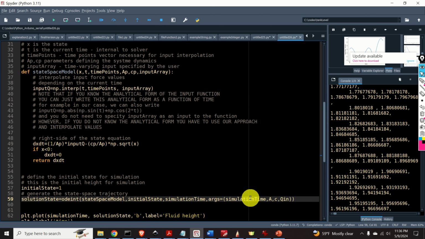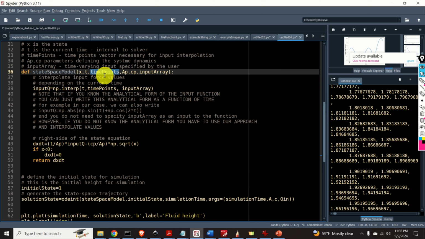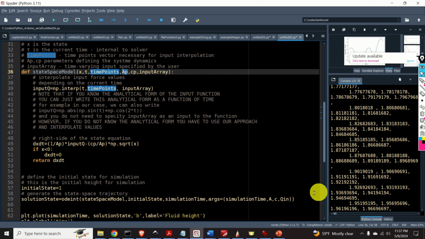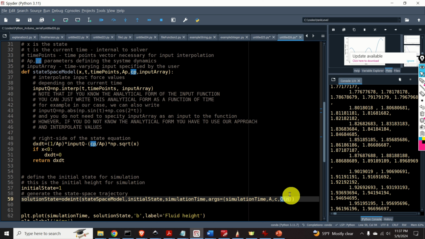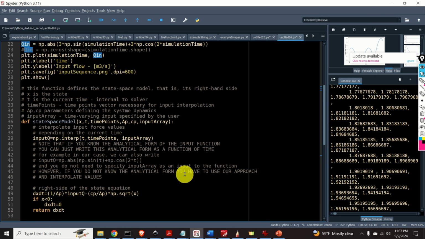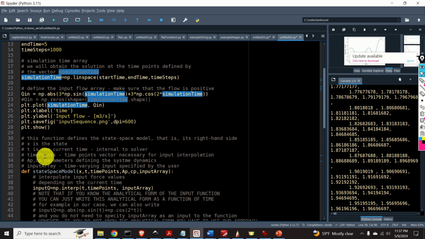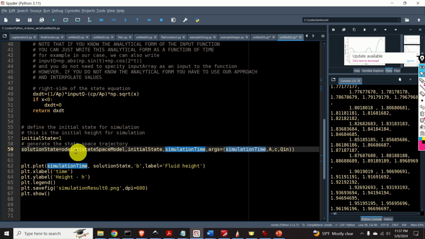And you can see simulation time corresponds to time points, A corresponds to AP, C corresponds to CP, and input array corresponds to QIN. Notice that A, C, QIN, and simulation time are actually defined over here at the top of our code. And that's it.